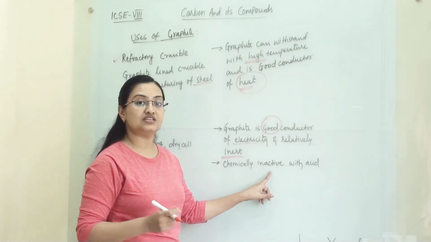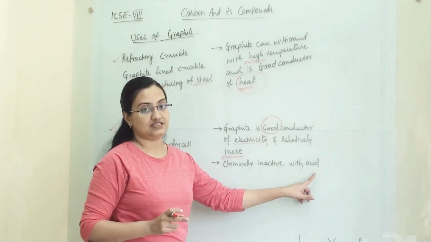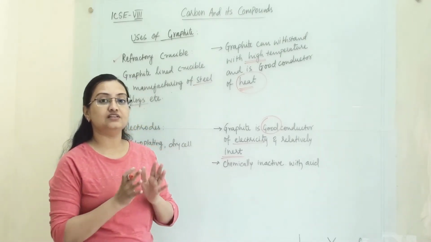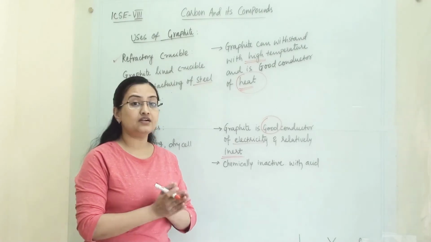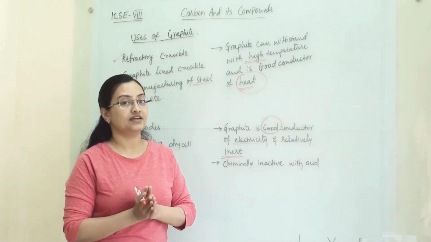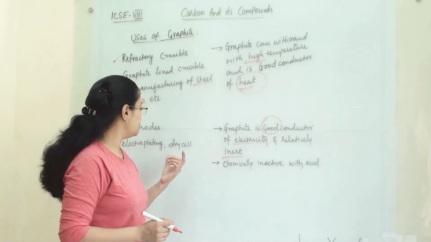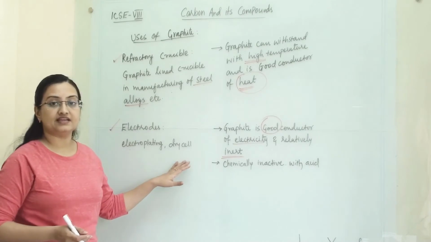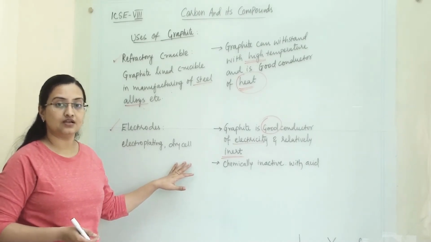Chemically also it is inactive with acid. So whenever we use this in an electrolytic cell, it will remain inactive and will not react with any electrolyte or any acid. That's why we use this as an inert electrode in electroplating, and in dry cells also.